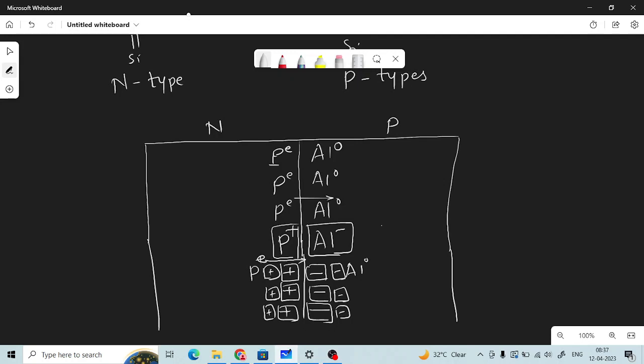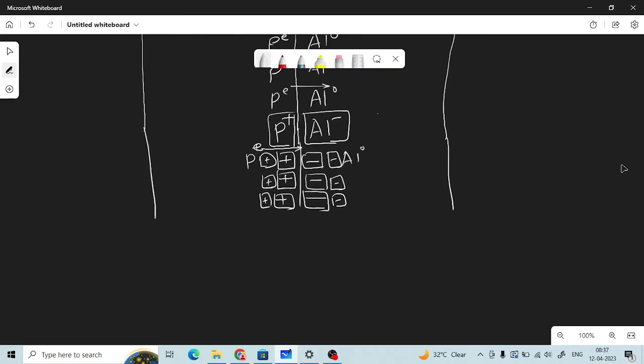So this electron is rejected by these negative ions. And similarly, we can say that this hole is also repelled by these positive ions. Of course, that is not true, since a hole is not a positively charged particle, but it happens.